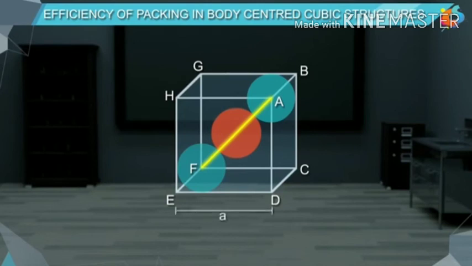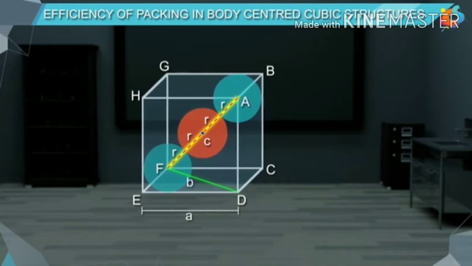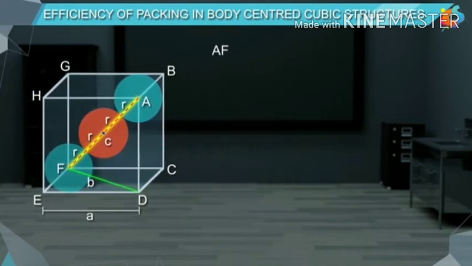Let a be the edge length of the cube and r be the radius of the sphere. The body diagonal AF is equal to c and face diagonal FD is equal to b. Then AF is equal to c, which is equal to 4r.